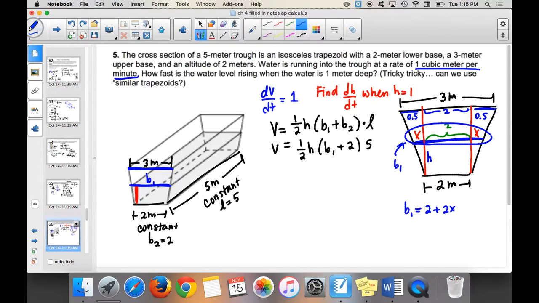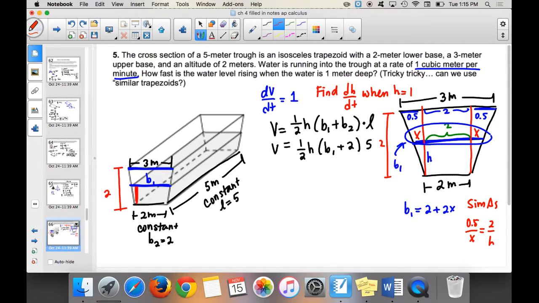And we also know from the similar triangles that 0.5 over x is equal to, what was the height of this whole thing? Did I write that down? I didn't. 2. Okay, so it's equal to 2 over h.